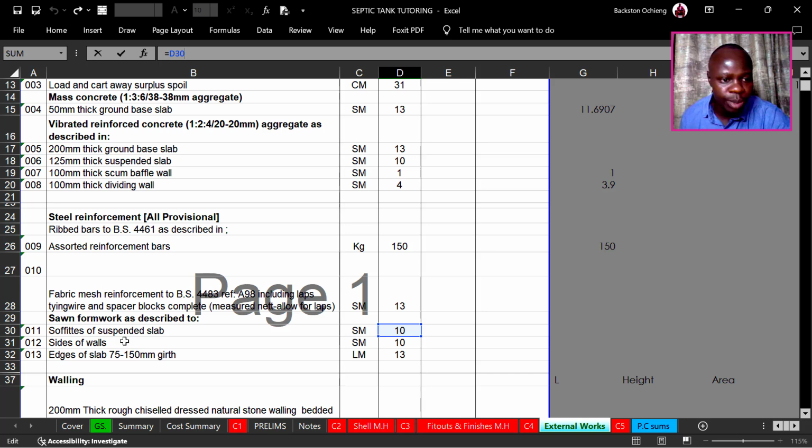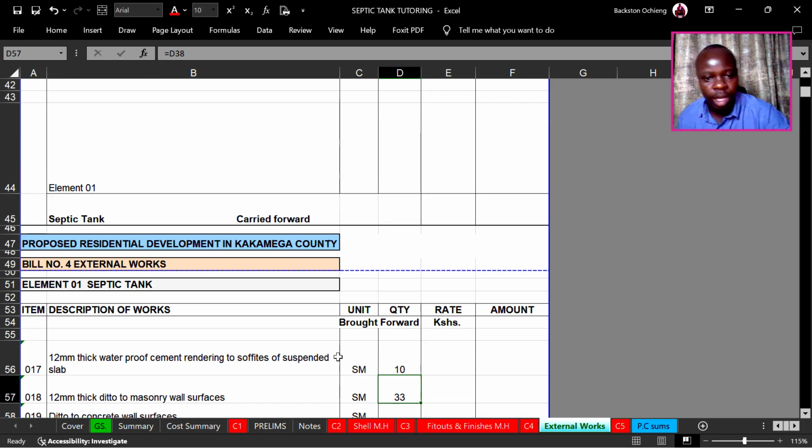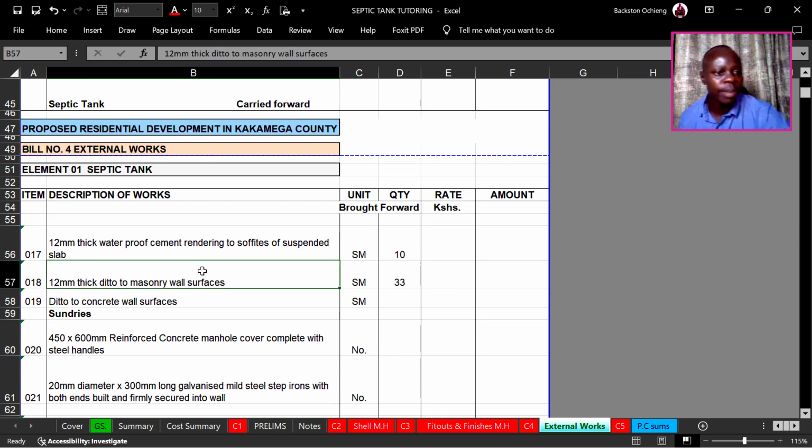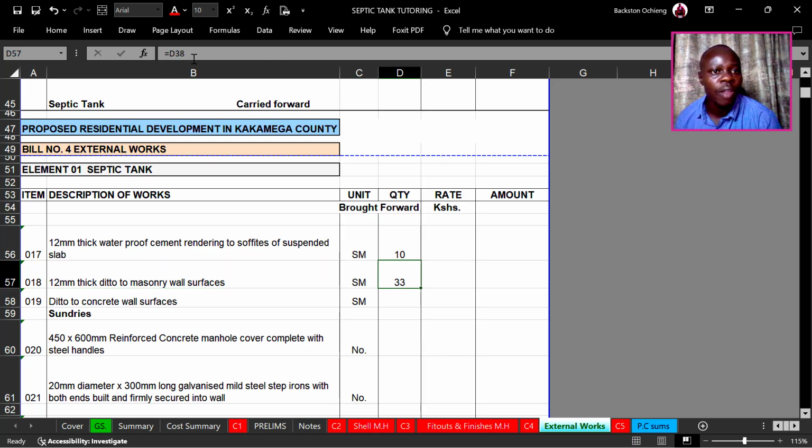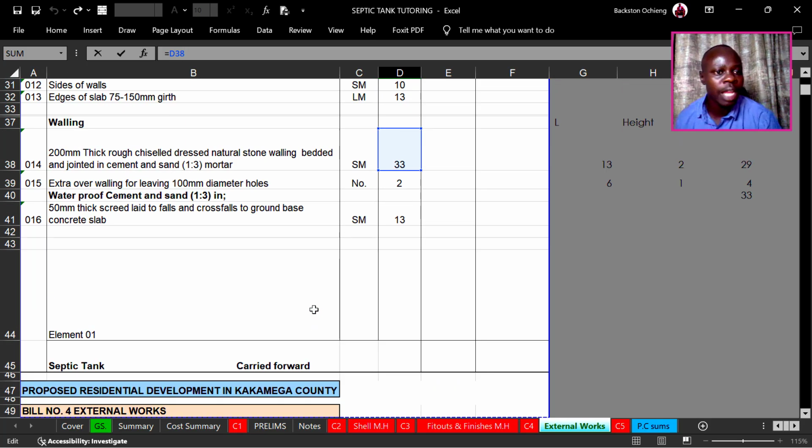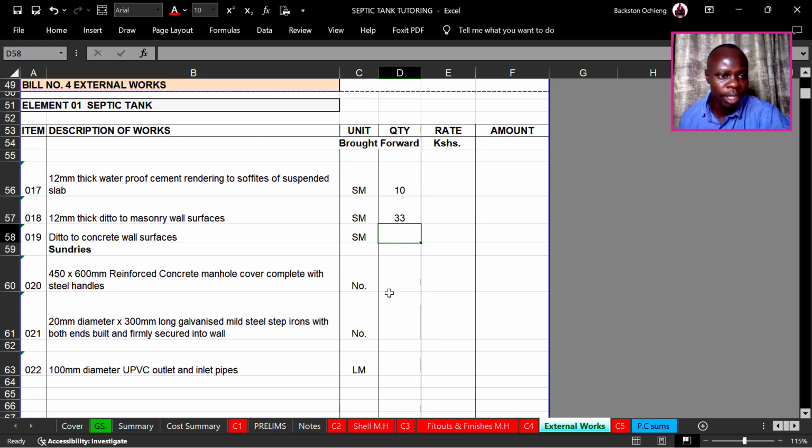So you can see it has been taken from the 10 we had already done. And then 12 millimeters thick render to masonry wall surfaces. So for the wall surfaces, we had already calculated the area for the walls. So we just equate it to the 33 square meters.